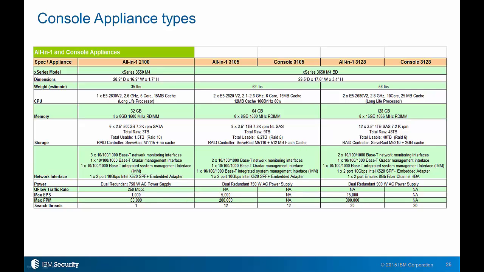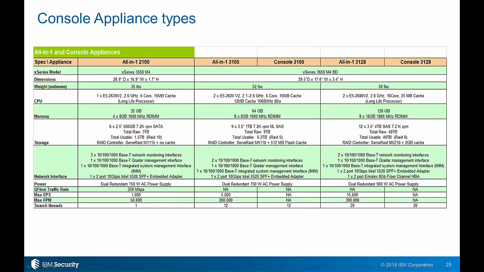It has one management interface and three network interfaces, as well as an IMM interface for remote management. It can handle QFlow traffic up to 250 megabits per second, a maximum of 1000 EPS or events per second, and up to 50,000 flows per minute.